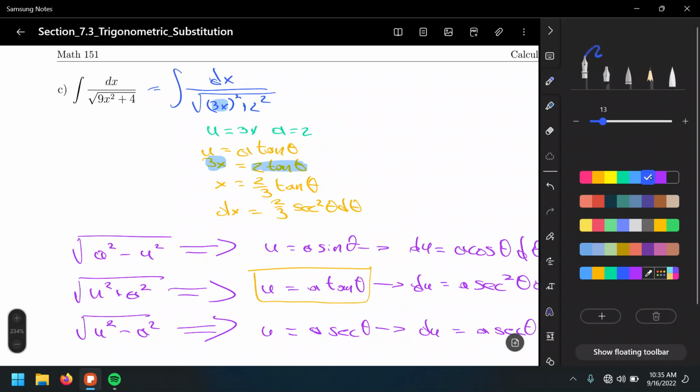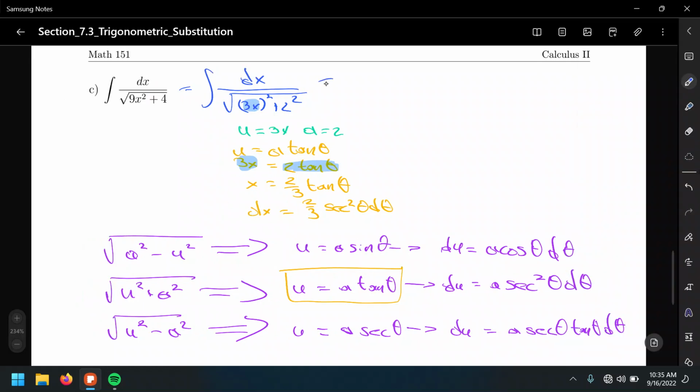That's equal to the integral of dx, which is 2/3 secant squared theta d theta, divided by the square root of (2 tangent theta) squared plus 4.